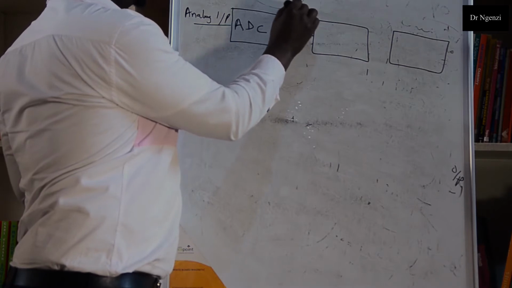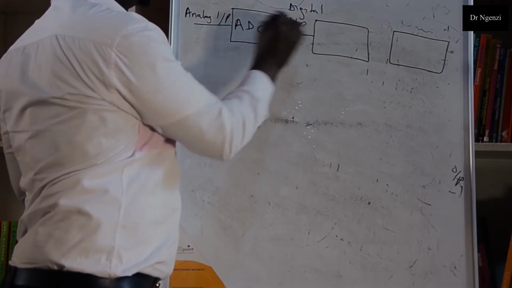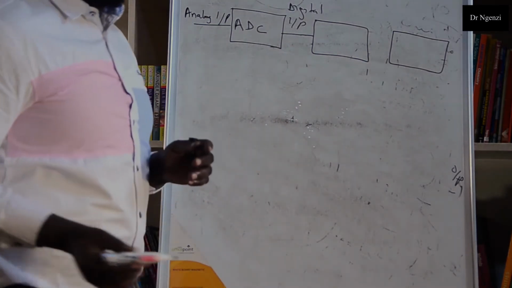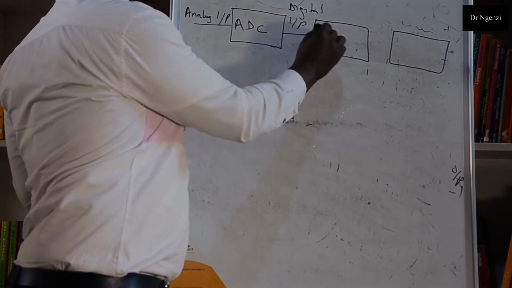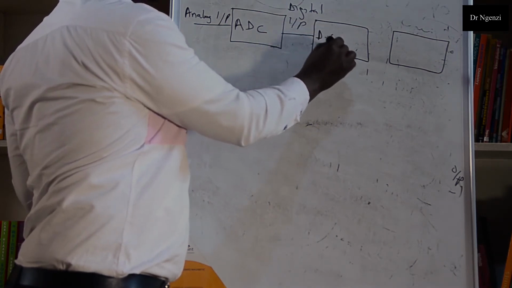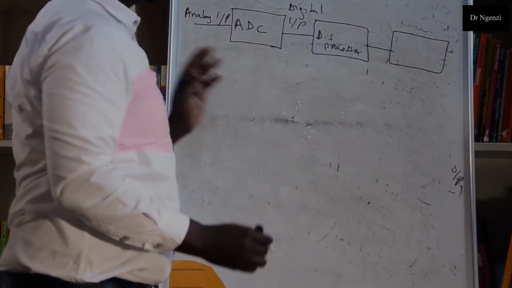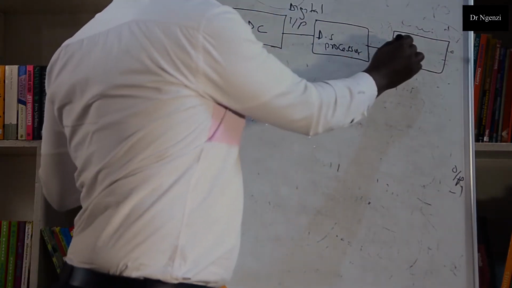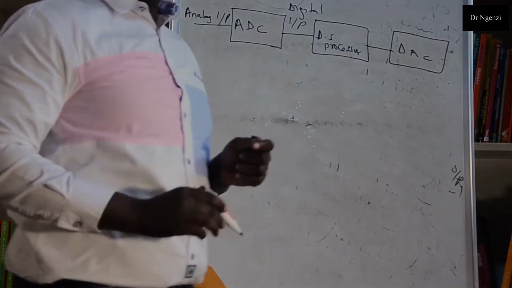We call it digital input by using a digital processor, a digital signal processor. Then it goes into the DAC, digital to analog converter.